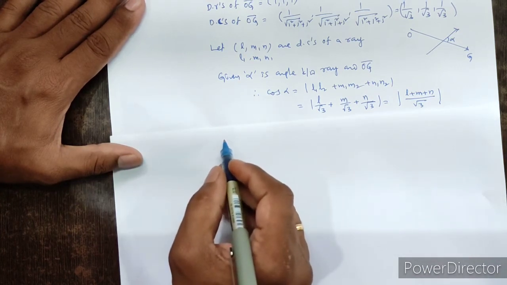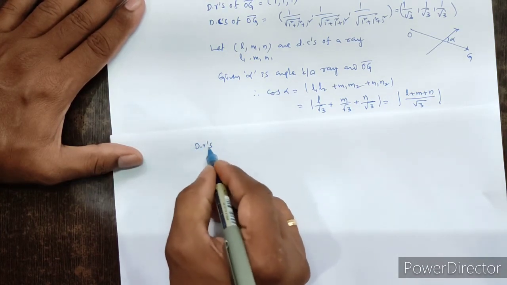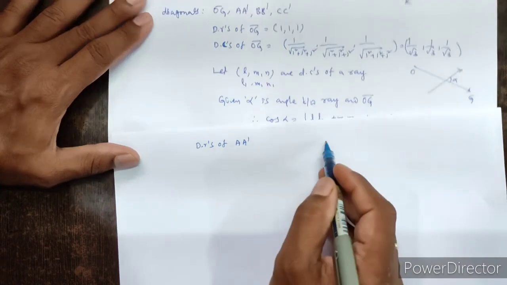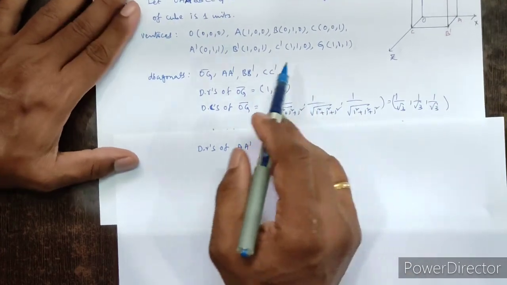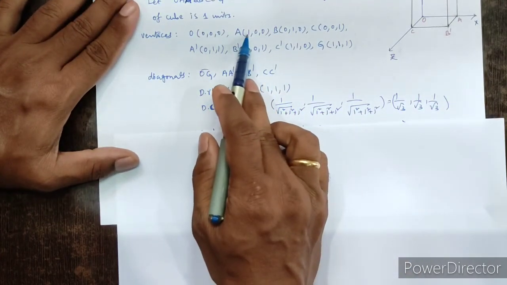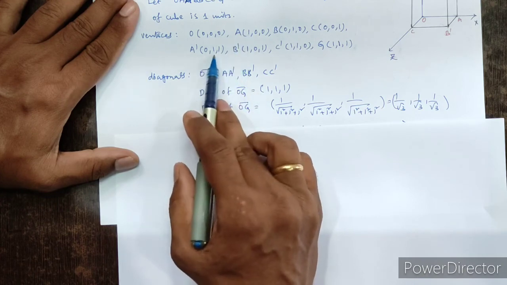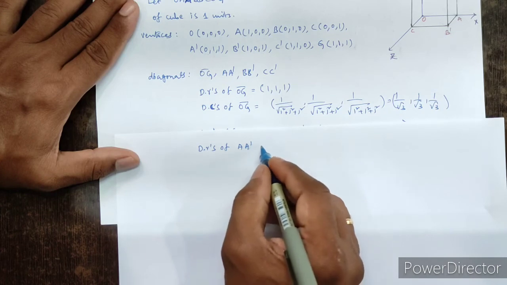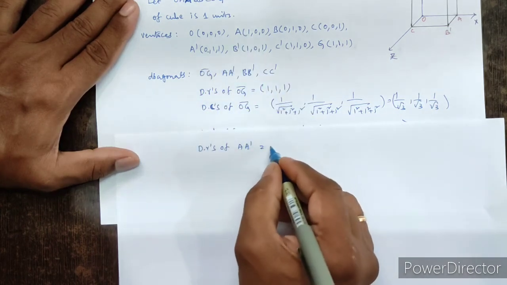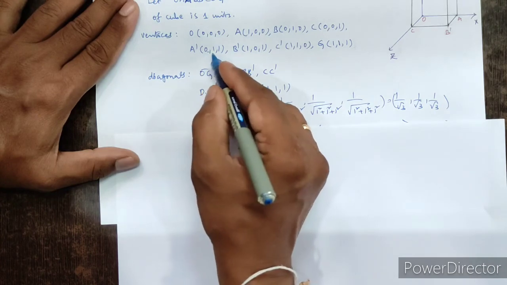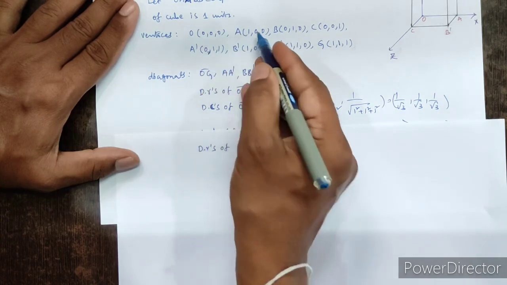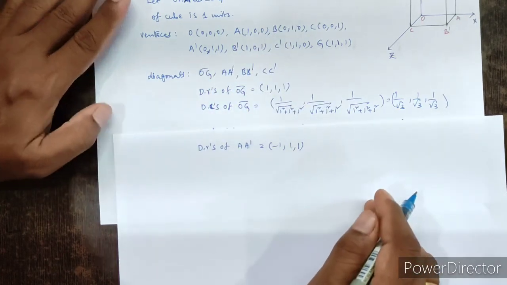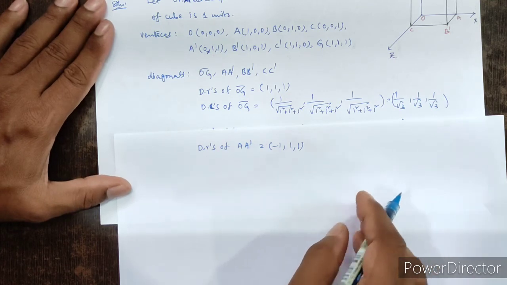So the direction ratios of AA dash: 1 minus 0, 1 minus 0, 0 minus 1. So 0 minus 1 is nothing but minus 1, 1 minus 0 is nothing but 1, 1 minus 0 is nothing but 1. So these are the direction ratios of diagonal AA dash.